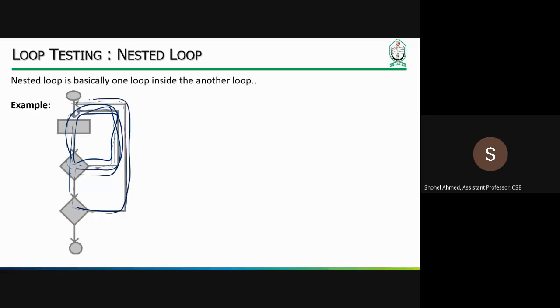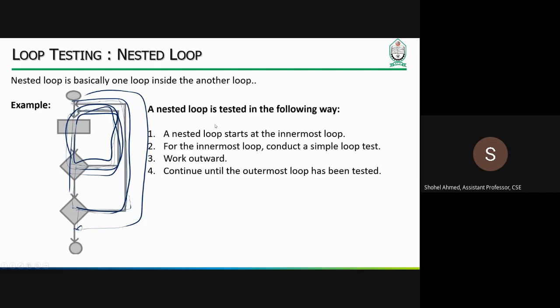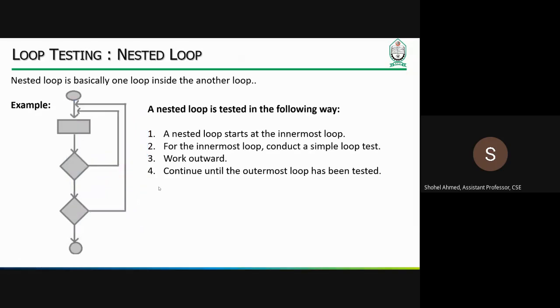Then consider this one as a simple loop and apply all the tests for this loop, and if there is any more then you go to that loop and consider this one as a simple loop and apply simple loop testing. So this is how we are going to test nested loop. So a nested loop test starts with the innermost loop, and for the innermost loop conduct the simple loop test, work outward and continue until the outermost loop has been tested. So that's what I told just a few minutes back.